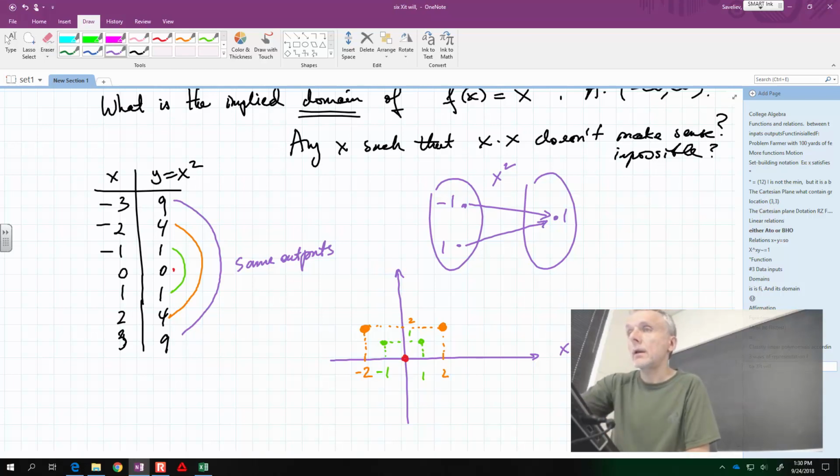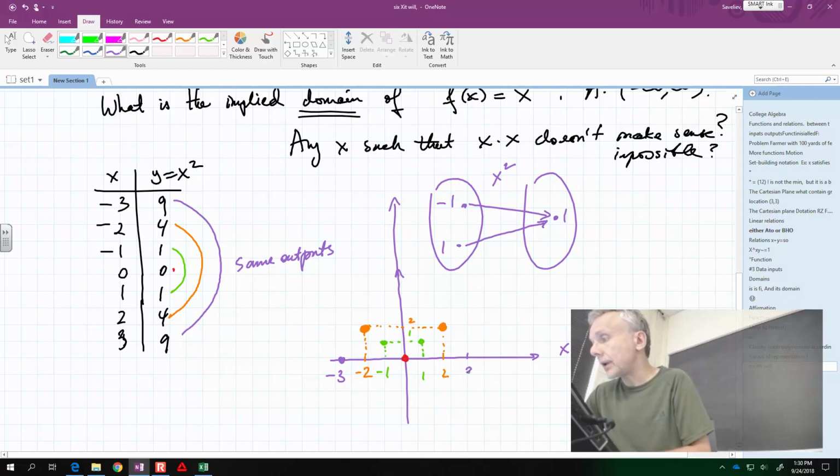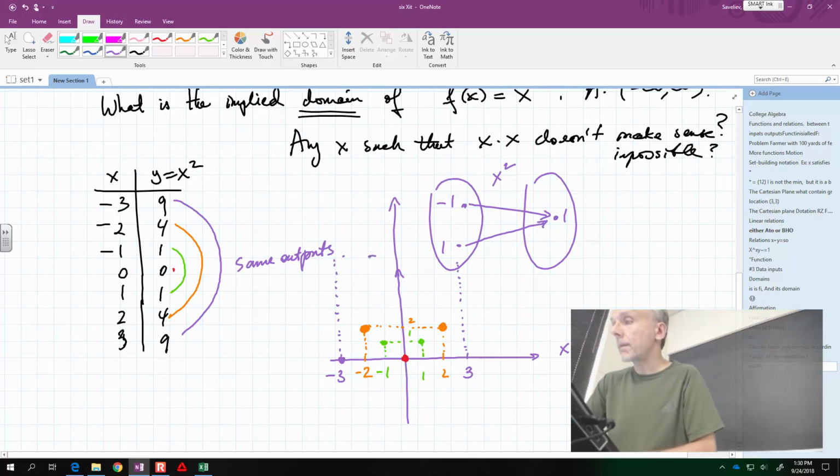And then I need more room here. I make one more point to the -3 and 3 here. So I'm utilizing the symmetry that we have noticed in the graph, in the table of values. So say maybe here. And this is 9. Okay, and then I have 2 more points.